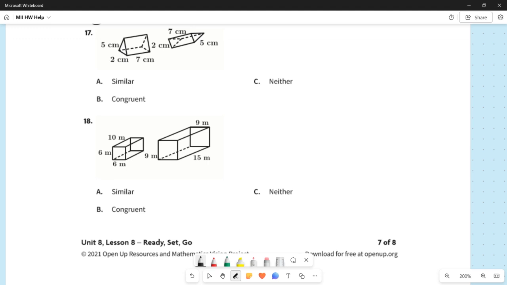So what I mean by that is if we take a look at the left, the distance between the bases is 7. It's considered the height of the prism, because if it's sitting on the triangle, then that would be your height. So the height of the prism is 7, because the triangles are 7 apart. And on the right, well, they're also 7 apart.